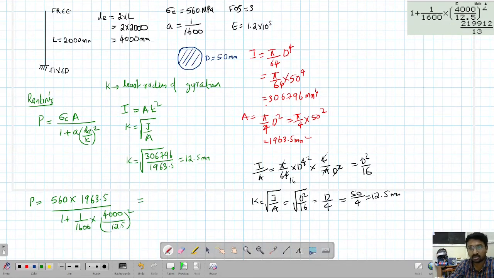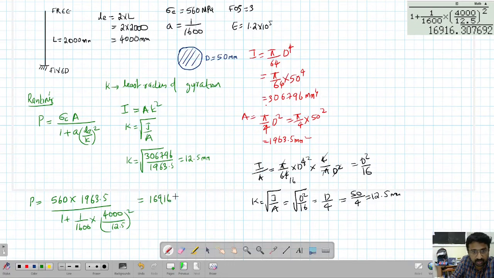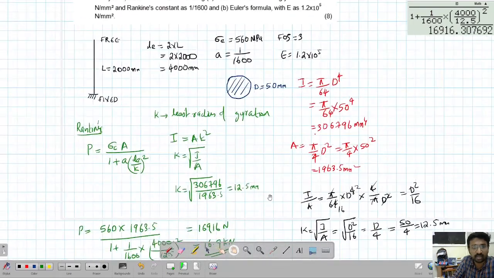Okay, so this gives me the answer as 16916 Newton. Remember, the value will be in Newton, 16916 Newton, or we can say 16.9 kilonewton. So this is the axial load from Rankine's formula.